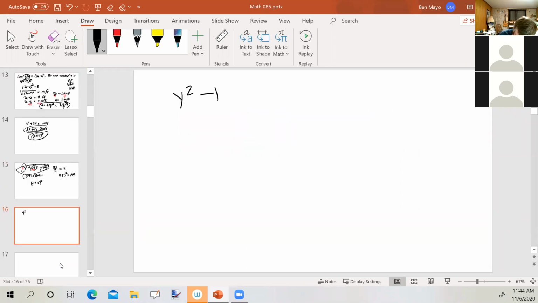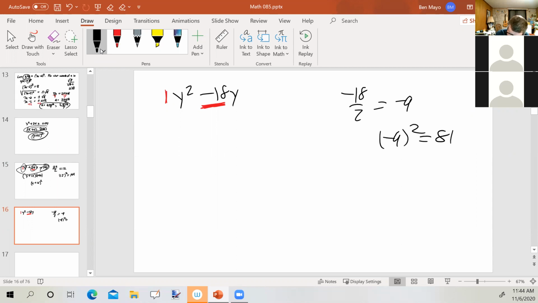Y squared minus 18y. So I have my leading coefficient of 1. I'm going to take the coefficient of the y term, which is negative 18. I'm going to cut it in half, which is negative 9. I'm going to take the result and square it, which is positive 81. So y squared minus 18y plus 81 is a perfect square.